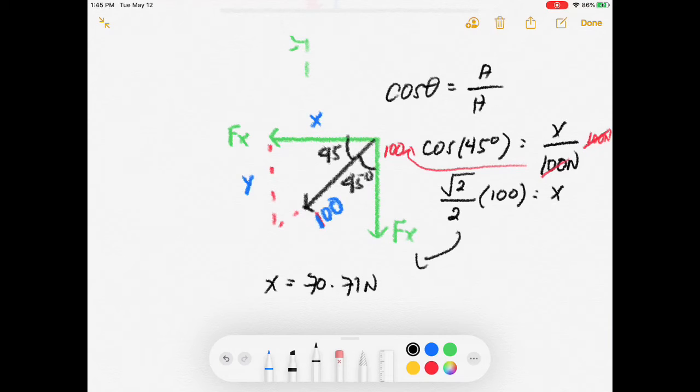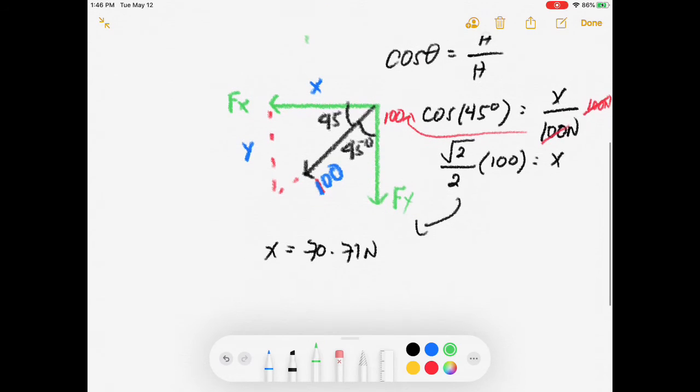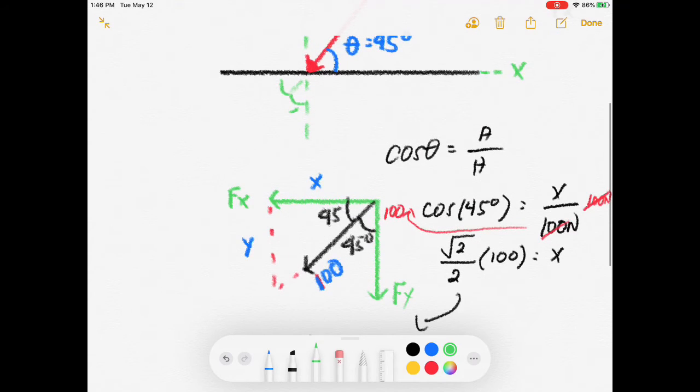Let's proceed with getting Fy. For Fy, what will we use now? What's missing now is y, and the given is the hypotenuse.